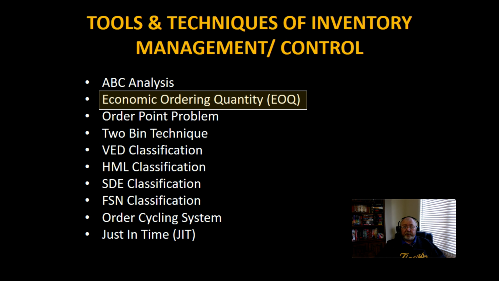We've talked a little bit about just-in-time in prior segments because just-in-time is associated with lean approaches, and in fact we'll talk about it more later in the course. But in this slide set, we're going to focus on the economic order quantity, or EOQ. Each of the other techniques that you see listed on this slide are discussed briefly, typically one slide per technique, in hidden slides at the end of this particular slide set.